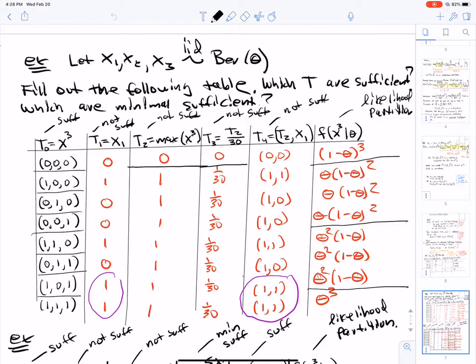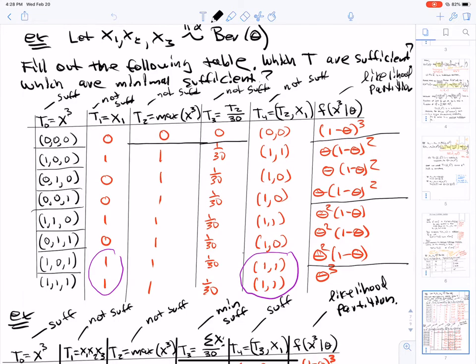Now we did two examples in class here that I asked you to work out. Of course, T0, your outcome space, is always going to be a sufficient statistic, but T1 is not sufficient. You can just see that by looking at (1,0,1) and (1,1,1), what I circled in purple here: these are equivalent under T1, but not equivalent under the likelihood partition.